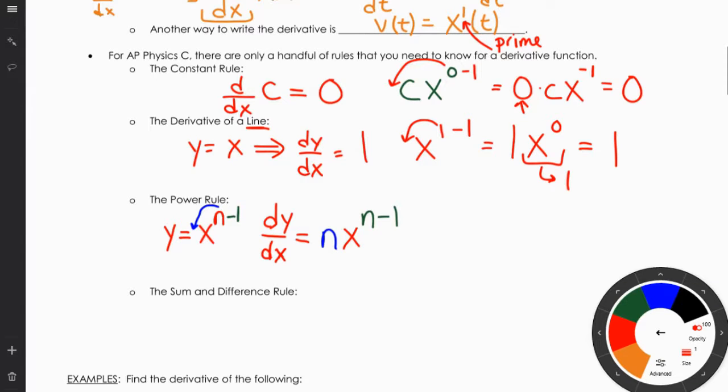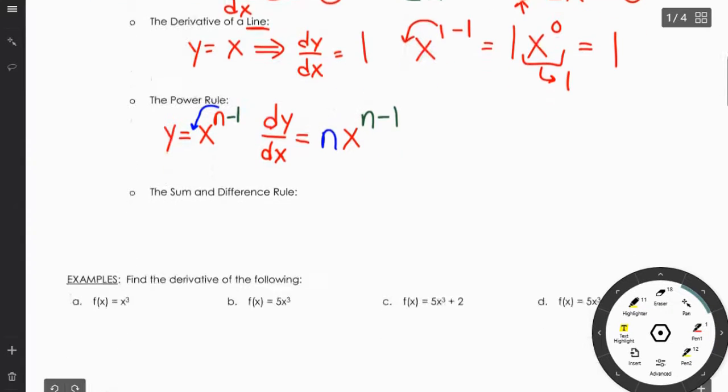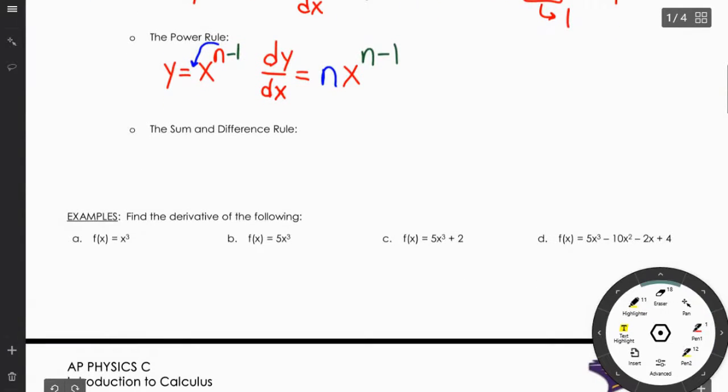Okay, and the sum and difference rule is really just a way to break it apart. You could do it all in one shot, but what the sum and difference rule says is, if I'm taking the derivative of a function that looks like y plus or minus z, where they all have pieces of x in them, oh sorry, this should be a y.